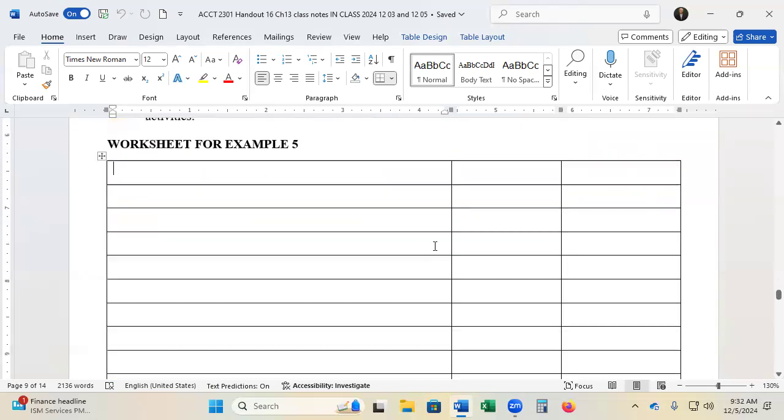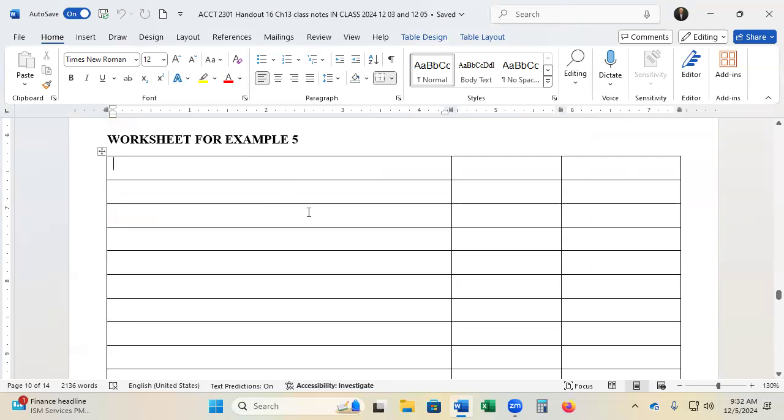Okay. So the first thing that we want to do is write cash flows from or used by operating activities. And then we're going to start with our net income. Where do we get our net income from?